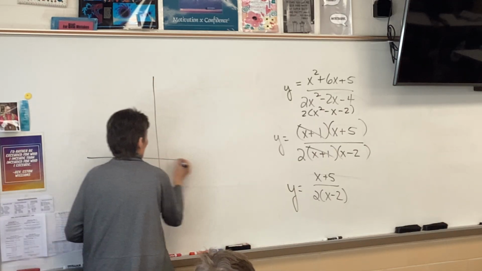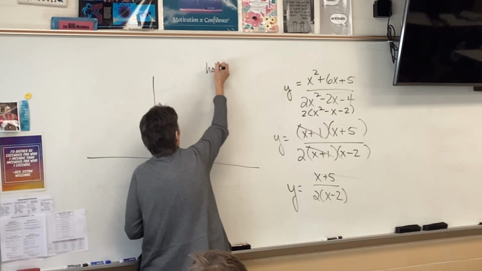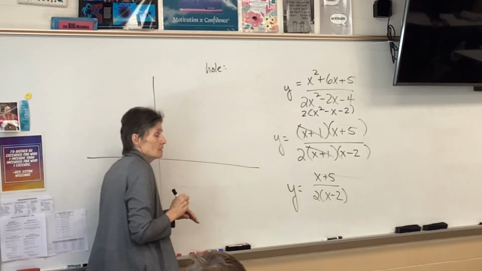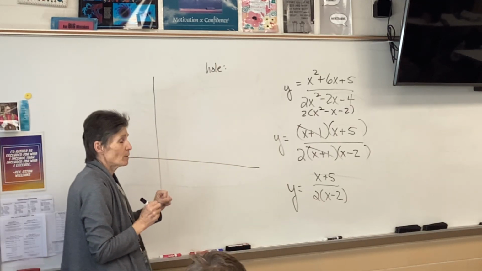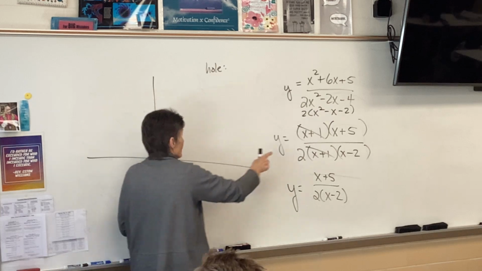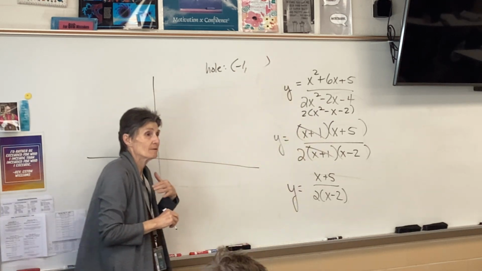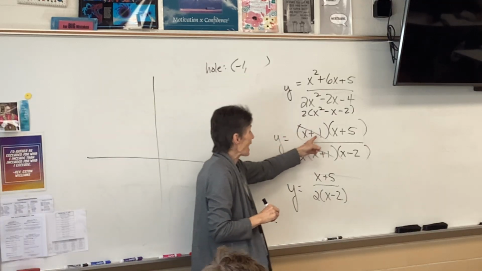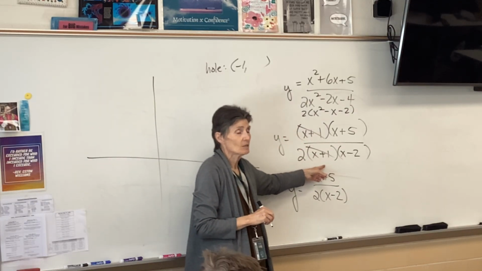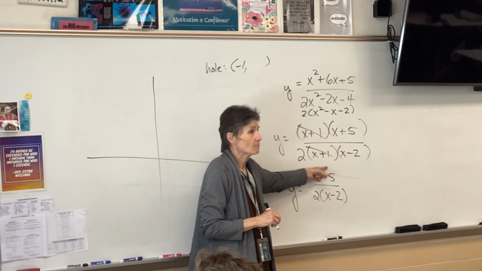We know that we're gonna have a hole in our picture. I'm gonna go ahead and do it so I don't forget about it. The hole is gonna be where x is -1, because that is the factor that canceled out.